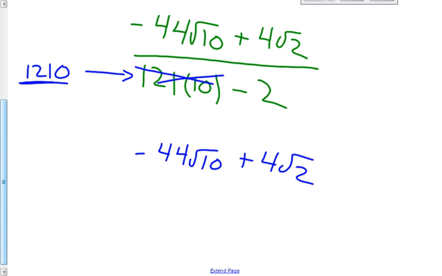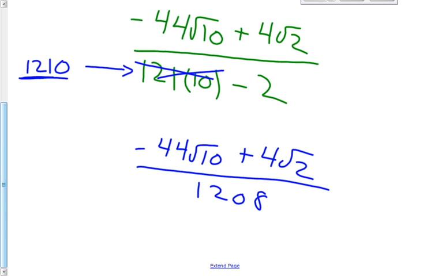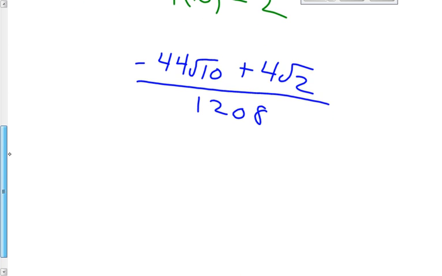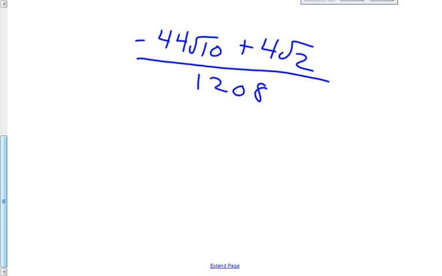So now, class, when we subtract 2 from that, 1,210 subtract 2 is 1,208. Now, this would be our answer if we can't reduce. However, on this one, we can reduce. We're not going to reduce any radicals. We can't touch the radicals, okay?